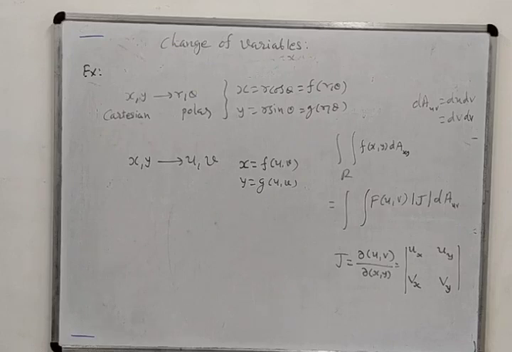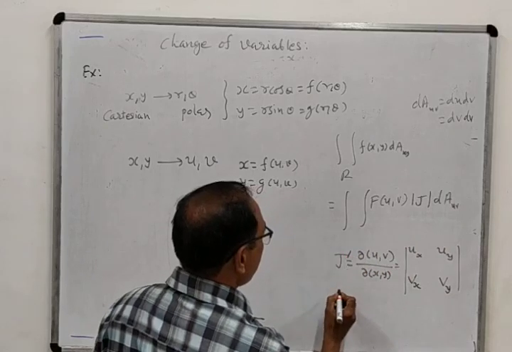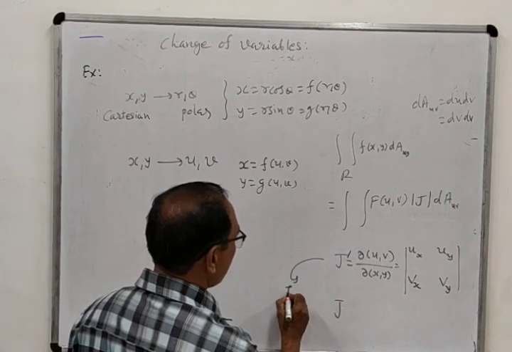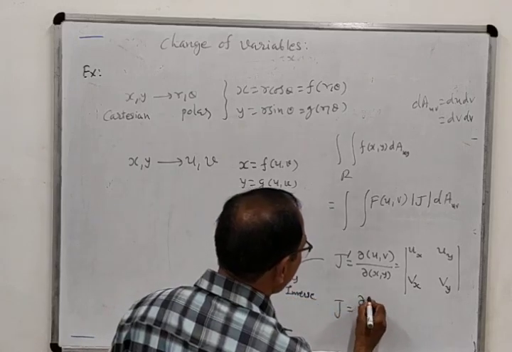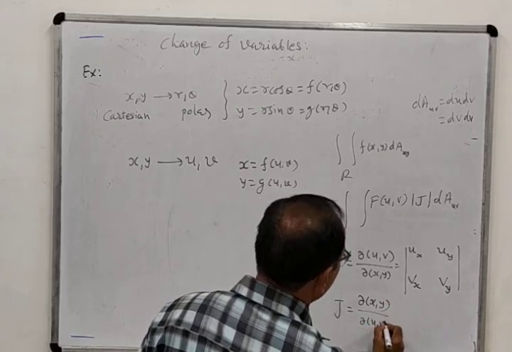So you note down this one, you write down this fact also, because this will be very much useful to you. Actually this Jacobian, we will denote by J', and the inverse of this one is denoted by J. That means J is nothing but ∂(x,y)/∂(u,v).